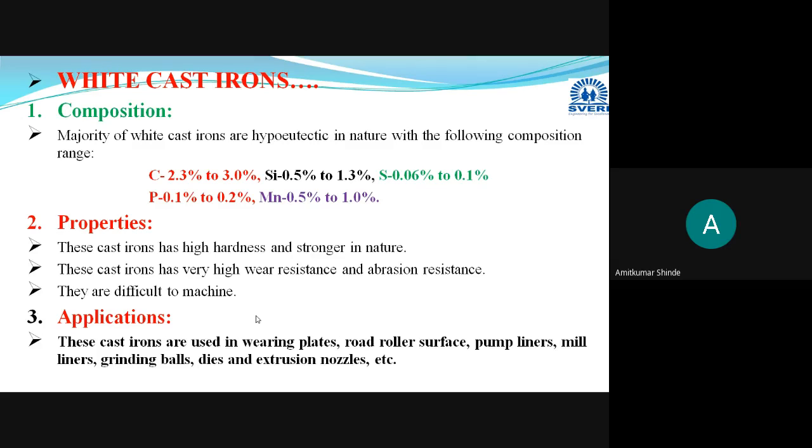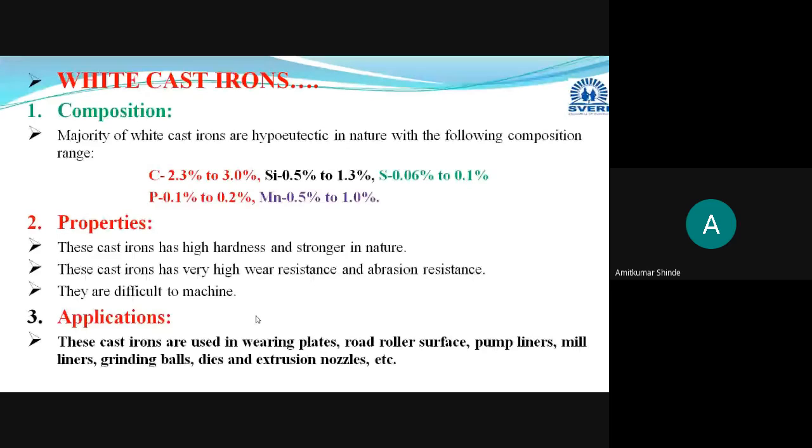As they have high hardness and are stronger, white cast irons are difficult to machine. The higher hardness, wear resistance and abrasion resistance are due to the presence of cementite. As carbon is present in the form of cementite, the hardness will be high, and wear resistance and abrasion resistance will also be high.